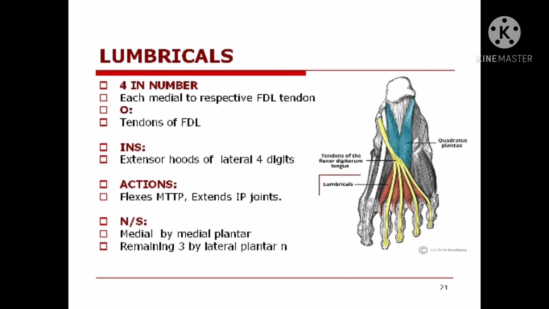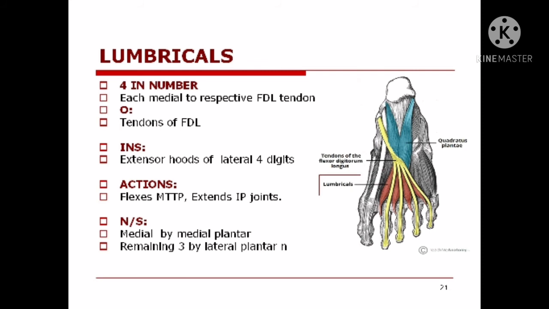The lumbricals are 4 in number and each arises from the medial side of the respective flexor digitorum longus tendons. If you remember, the lumbricals of the hand were arising from the tendon of the flexor digitorum profundus.